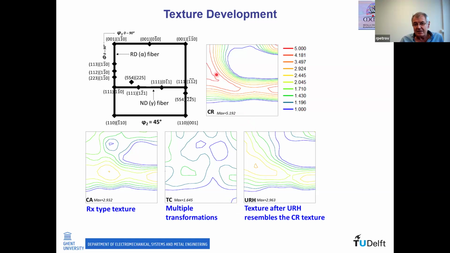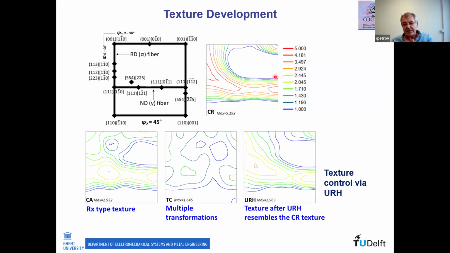Whereas the ultra rapid heating textures, this one and that one, if I change the colors to make this comparable, you probably cannot recognize what is what. They definitely resemble the cold roll texture, only the intensity is smaller. Why smaller? Because practically you multiply this by 24 orientations, and then they spread around those intensities, which means that this ultra-fast heating gives you some possibility, by heating rate, to have, to some extent, texture control. Changing the heating rate, changing the cycles, you can control this somehow.